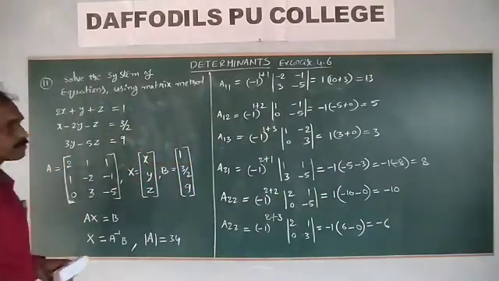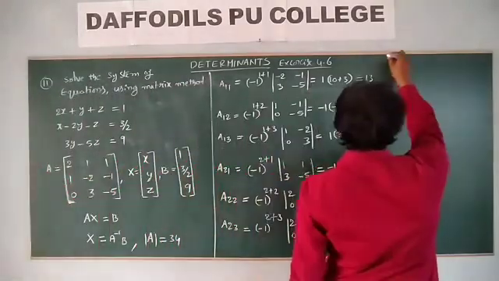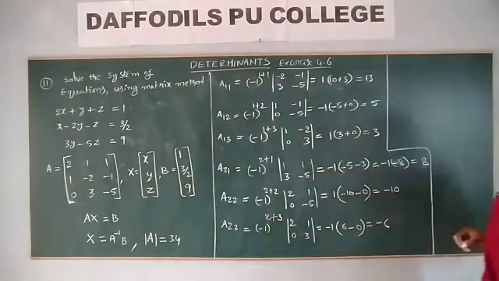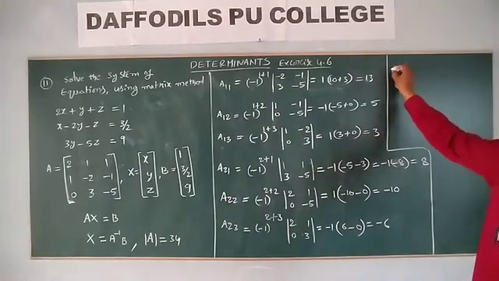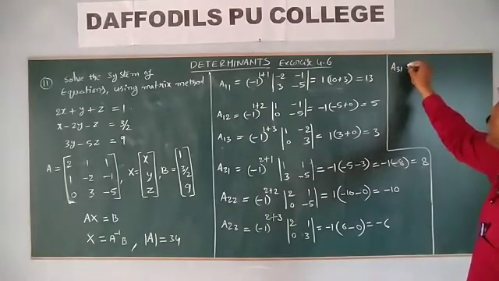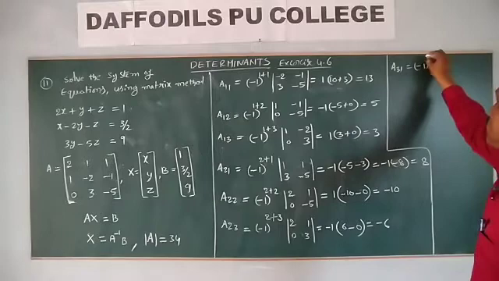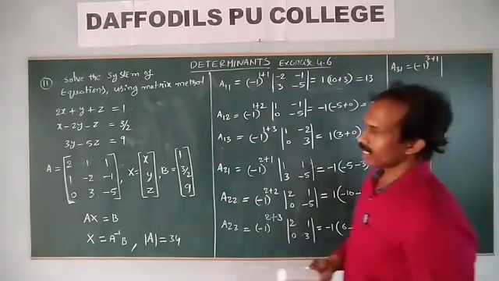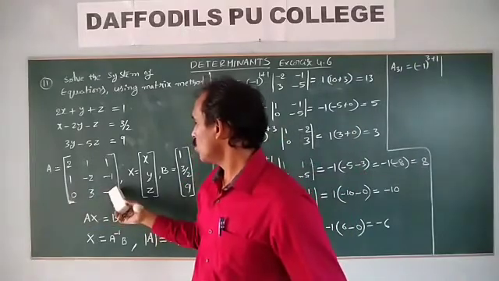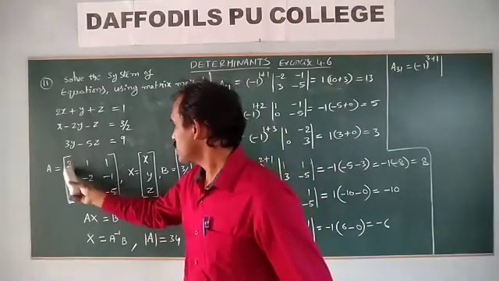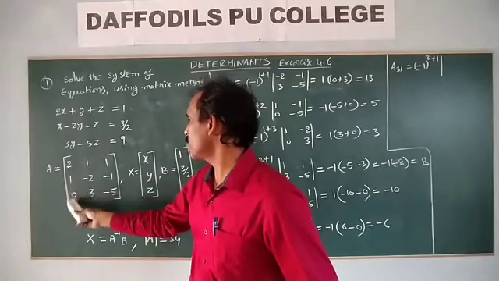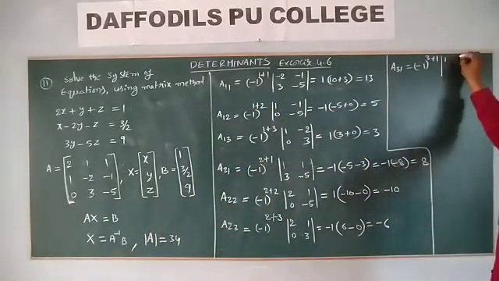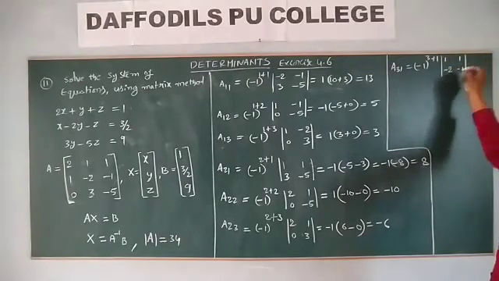Next one, A31. A31 is equal to minus 1 to the power of 3 plus 1 into its minor. What is its minor? Deleting this row and this column, the remaining elements are 1 1 minus 2 minus 1.